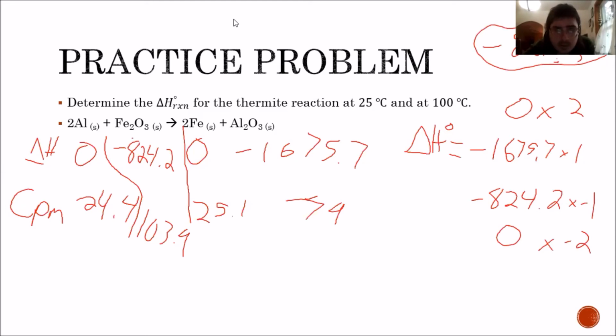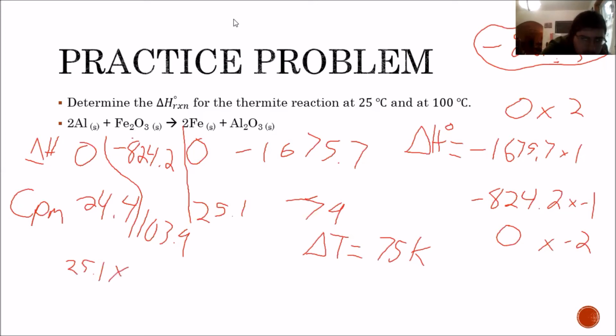That's our first energy. Now, what happens if I do this at a higher temperature, at 100 degrees? We have to add in our Cp delta T. Our delta T is just 100 minus 25, so 75. Our delta Cp is 25.1 times 2 plus 79 times 1 plus 24.4 times negative 2, plus 103.9 times negative 1.